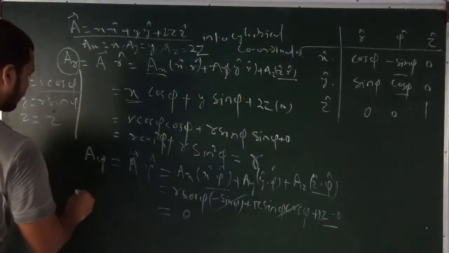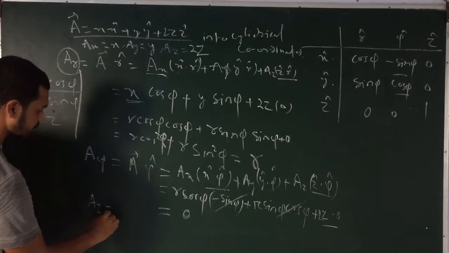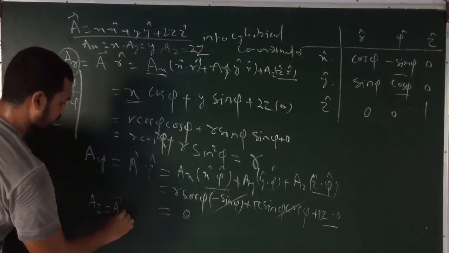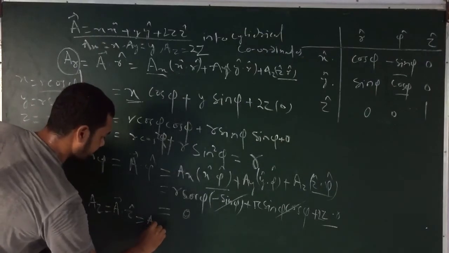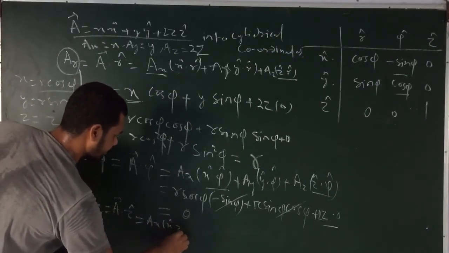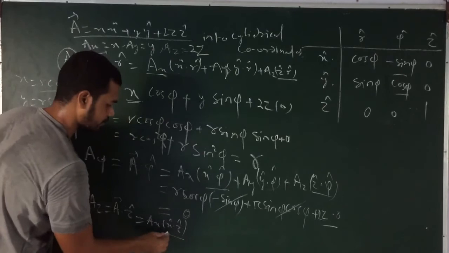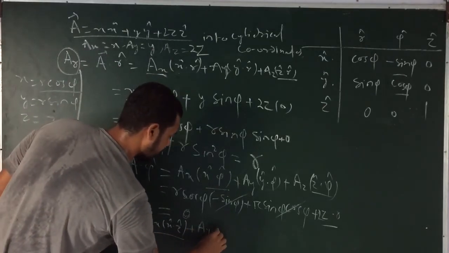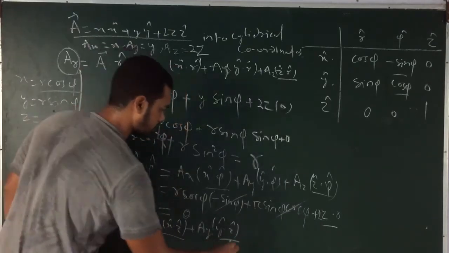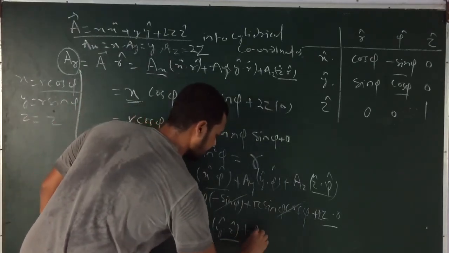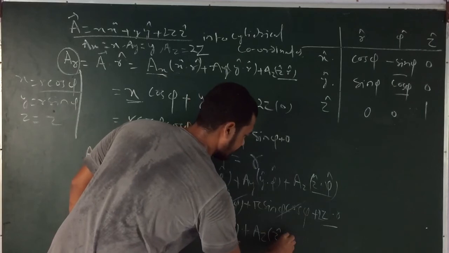So similarly, you can find out Az, which is equal to A vector dot z cap. From here you will get Ax x cap dot z cap, which is equal to 0, plus Ay y cap dot z cap, which again equals 0, plus Az z cap dot z cap.